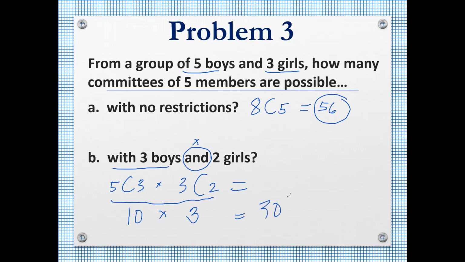There are 30 possible committees with 5 members, wherein 3 are boys and 2 are girls. So, 30 possible ways. 30 possible groupings with 5 members, 3 boys and 2 girls. So, that's the meaning of that. I think you need more practice by answering the exercises in the book.